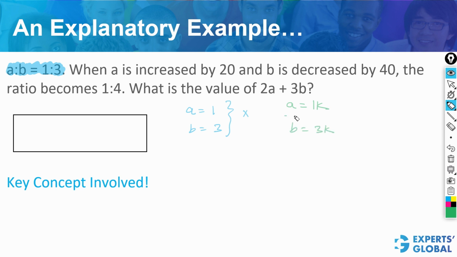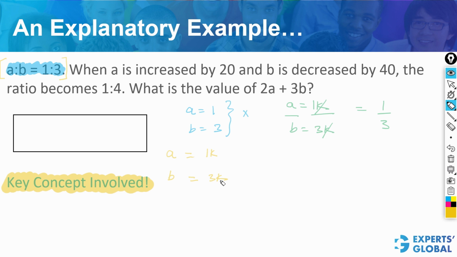And you see, the ratio A to B would always turn out to be 1 to 3 because the two k's will always cancel each other. So the key concept involved here is that in such questions, whenever we have a ratio given that A ratio B is 1 ratio 3, we should assume the absolute values of A and B as 1k and 3k respectively.